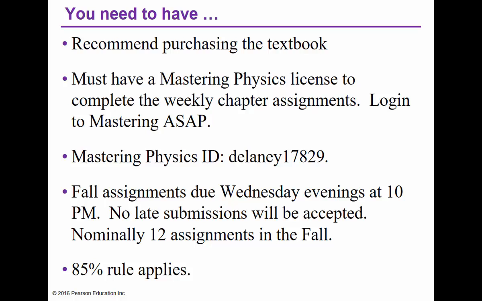So if you are going to buy through the website, just make sure that it's Canadian dollars that you're buying and it's no more than what the bookstore is offering. Our course ID is right there, 17829. Okay, so once you've created your mastering account, go find that course because that's where all of the information will be.